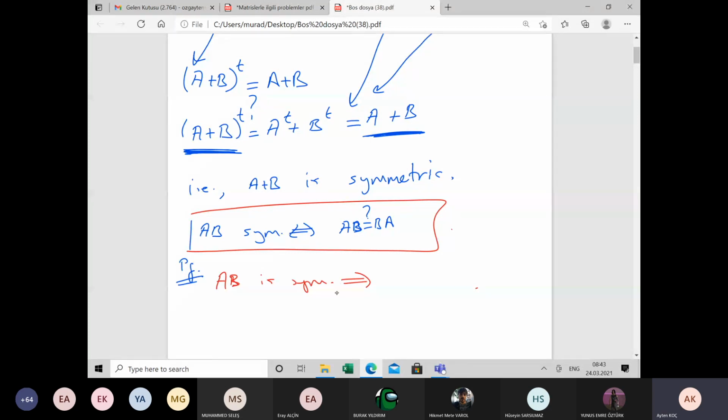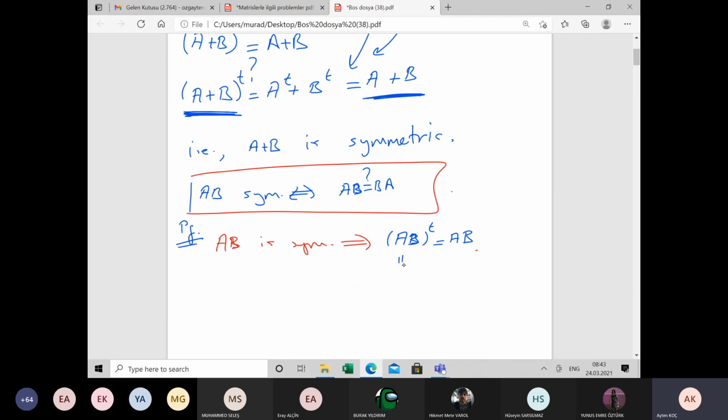AB is a symmetric matrix, so we use the definition of a symmetric matrix. What does it mean? The transpose of this matrix gives itself. We also know the properties of the transpose, and we use this property.